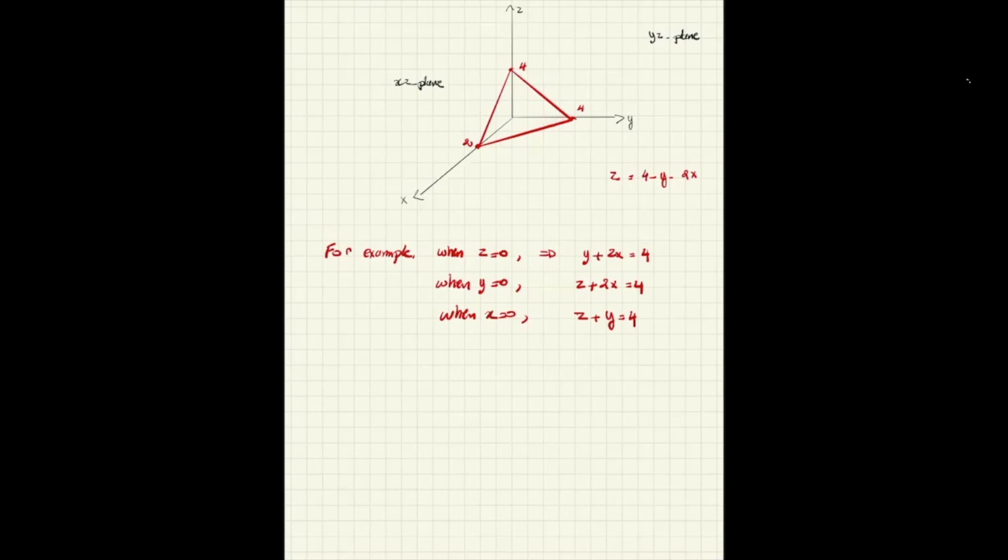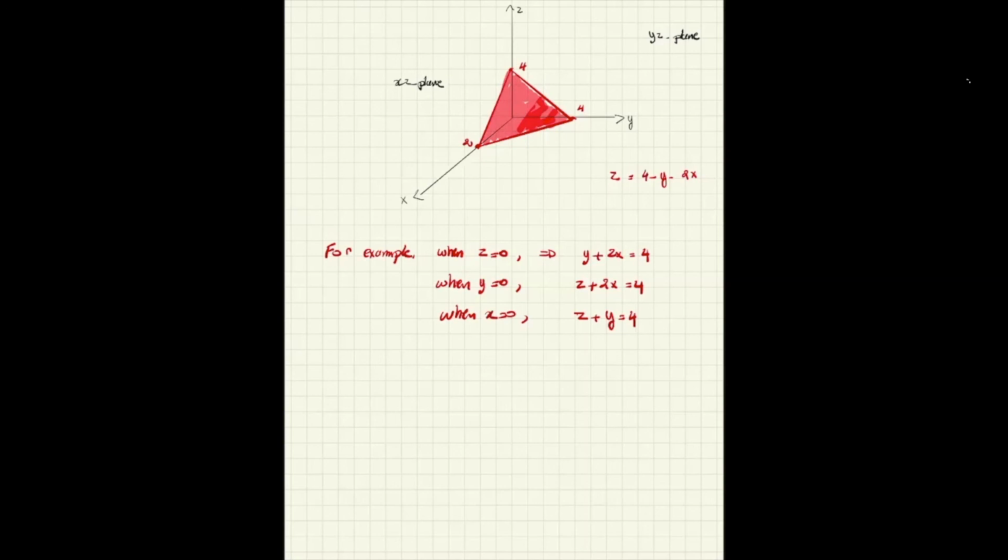So the area we're looking for, that's the solid here. That's the plane. So the solid we're looking for is exactly this one, the tetrahedron between these 3 planes and this plane here.